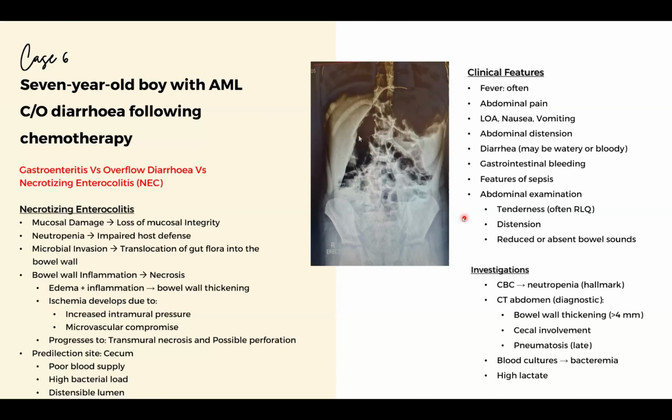Investigations will show neutropenia. CT abdomen is diagnostic, where it shows bowel wall thickening and pneumatosis, which is a late sign. And blood cultures will show bacteremia and high lactate and all features of sepsis. Right. So my first question, this is a question to all the people dealing with nutrition.